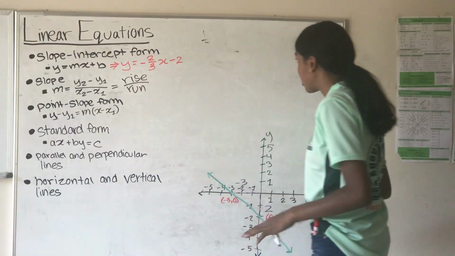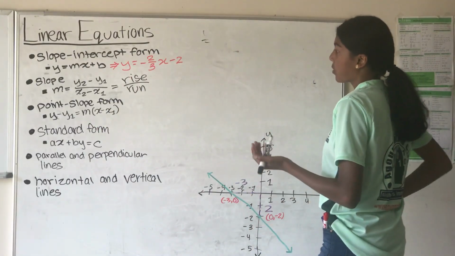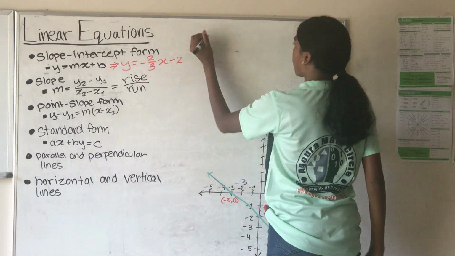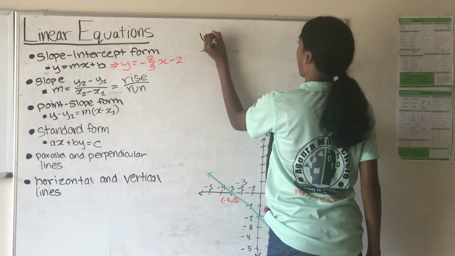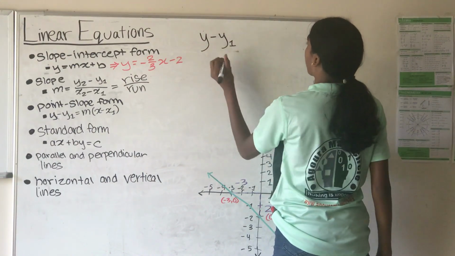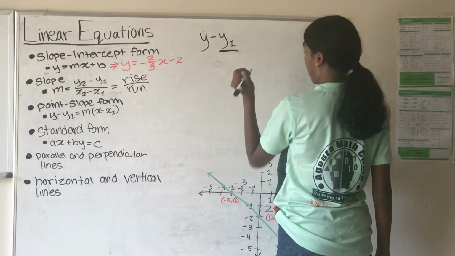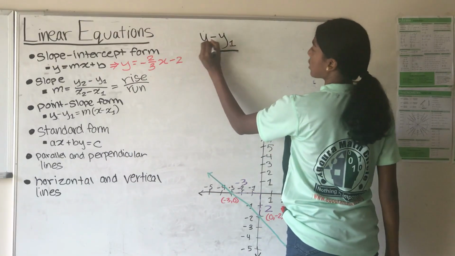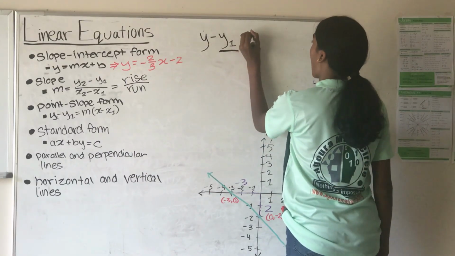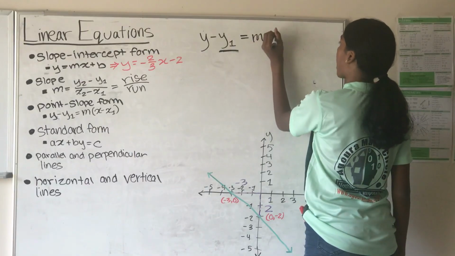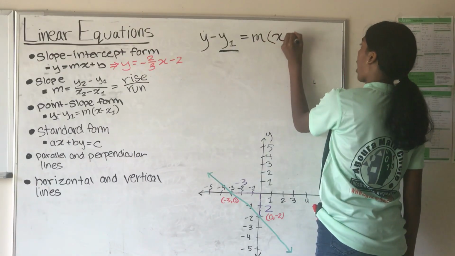We already have our slope, -2/3. So the way we want to interpret this is y minus y1. This is going to be part of one of these points. This is just going to be y equals m, our slope, times x minus x1.